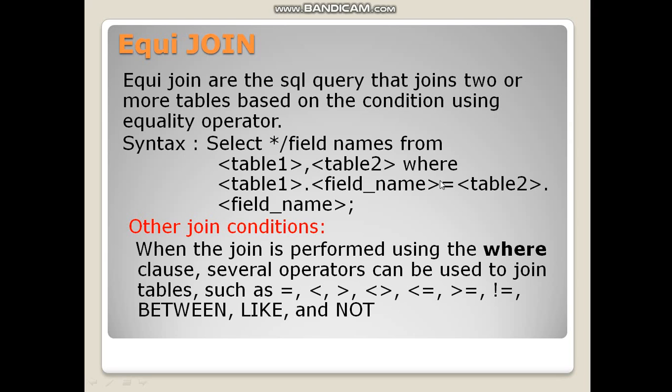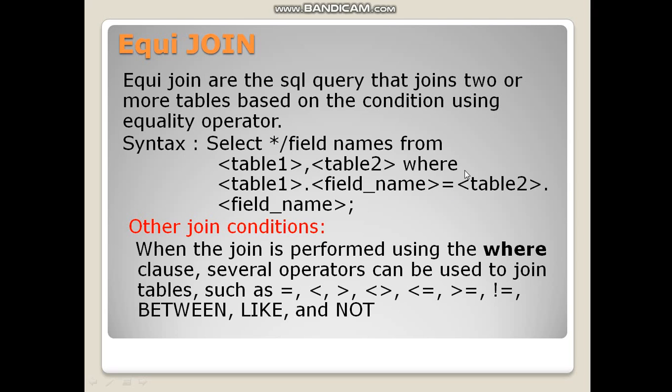If you are not using the join clause, we have to give the join condition using the where keyword. Where I have used table1 dot field name equal to table2 dot field name, it means that the field of table 1 should be equal to the field of table 2, using the equal to condition.